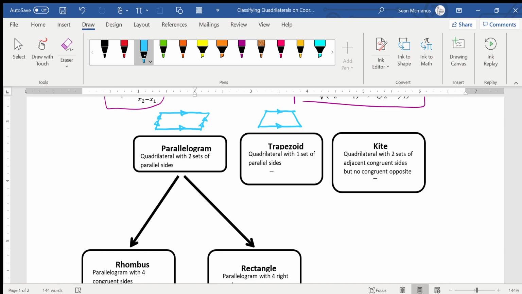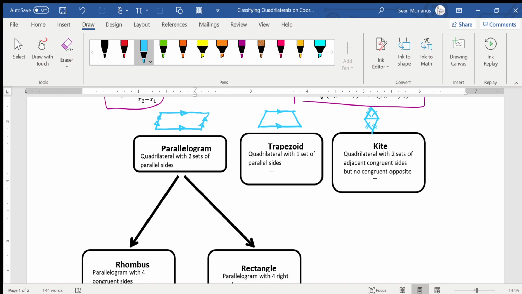A kite's going to look like a kite, imagine that. It's going to look kind of like this, right? So these two are congruent, and these two are congruent. The consecutive sides, right, in a row, so there are two in a row and two in a row, but the ones that are opposite are not the same length. So that's a kite.